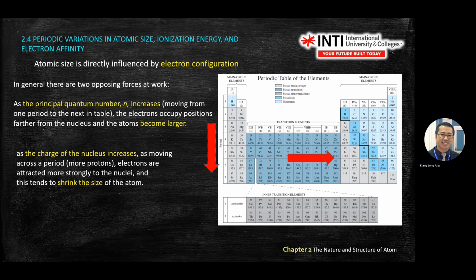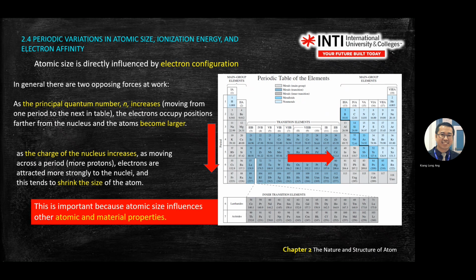Of course krypton is bigger, because n is big. But if I ask you to compare nitrogen and oxygen, which one is bigger? Nitrogen is bigger, because oxygen has more electrons and it pulls the electrons inside. Okay?